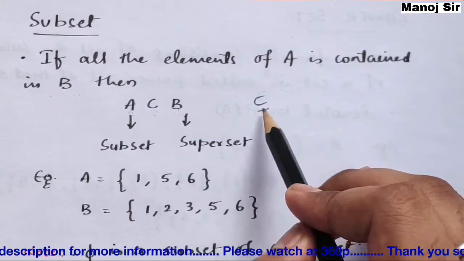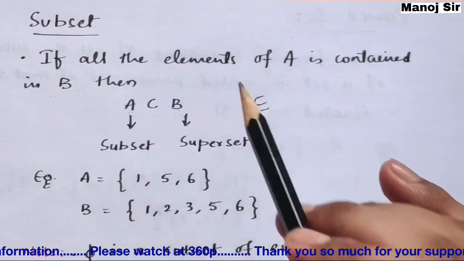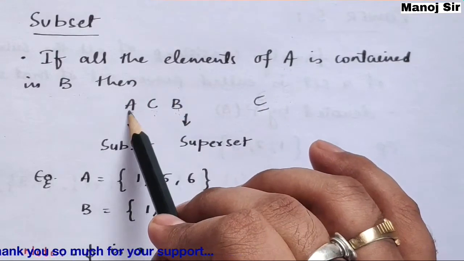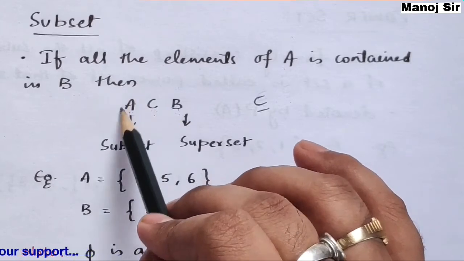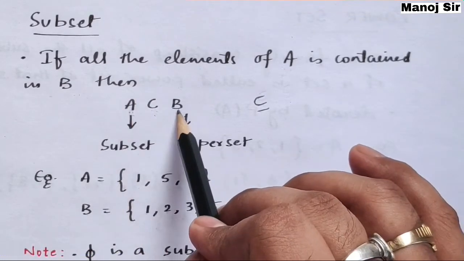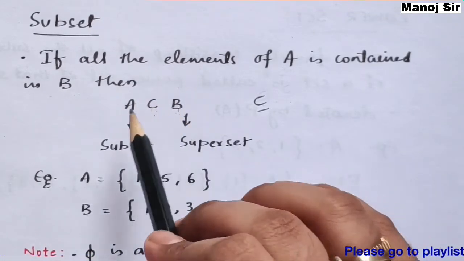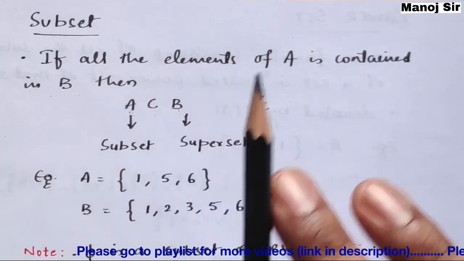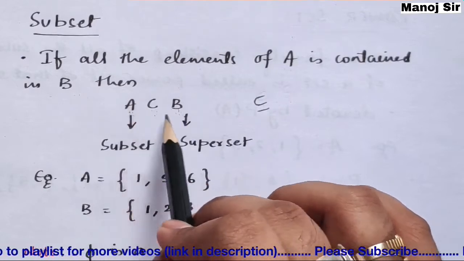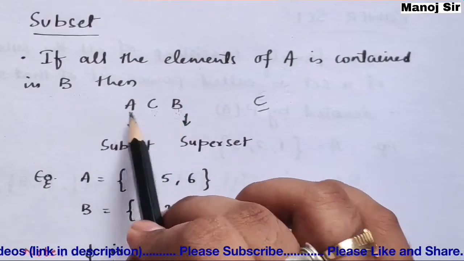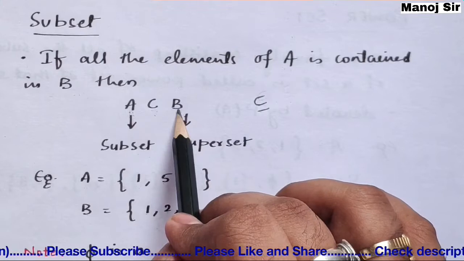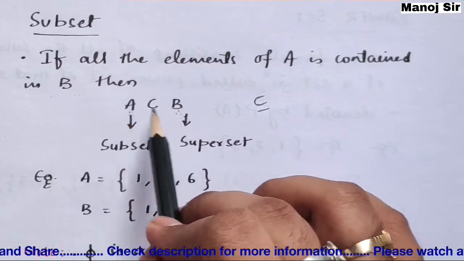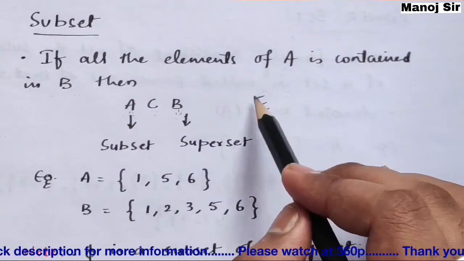Where to use this sign or this sign? Here all the elements of A are present in B, but if you check the cardinal number of A, it is less than the cardinal number of B. In case the cardinal number of A is equal to the cardinal number of B and the elements are the same, that is all the elements of A are present in B and the cardinal number is the same, then you can use this form also.